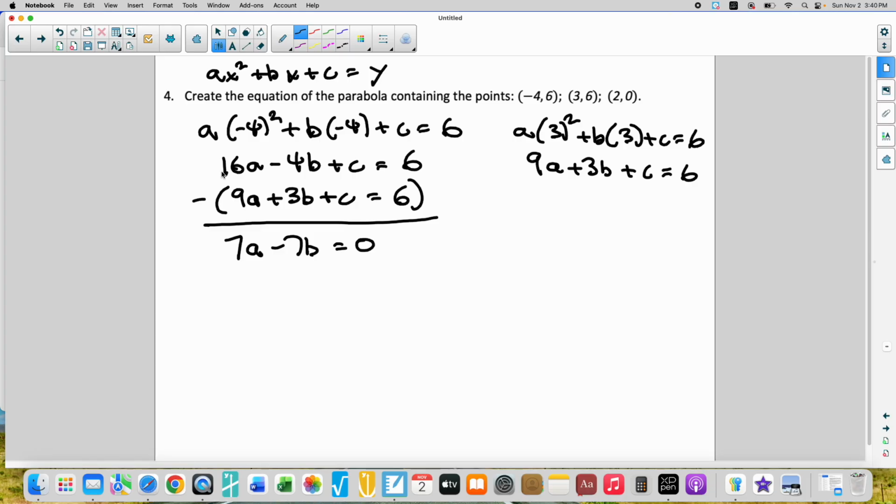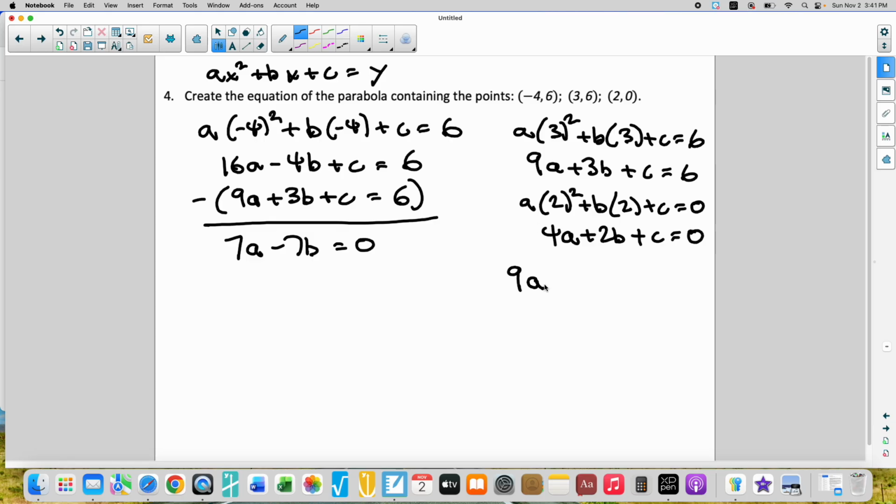And we can take that third equation and plug it in there. That's going to be a times 2 squared plus b times 2 plus c equals 0, giving us 4a plus 2b plus c equals 0. And we can subtract these two from each other.